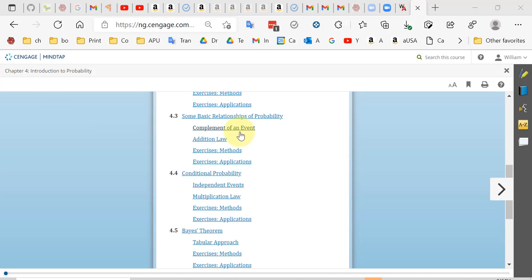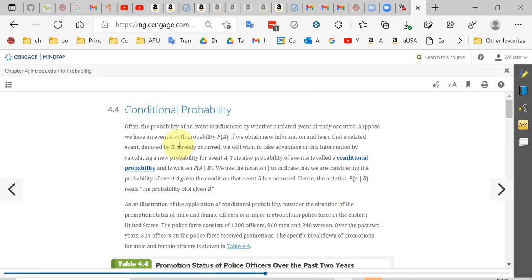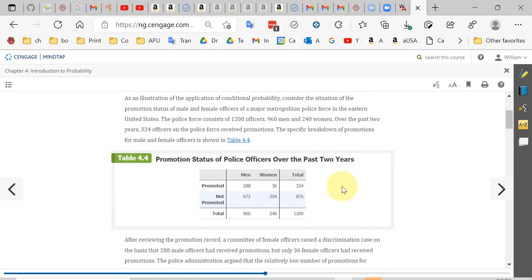Okay, so to see some of this in our textbook, let's go here. We talk about conditional probability, and here's the notation, which is what we used, and this is how to read it: the probability of A given B. And they give an example here.